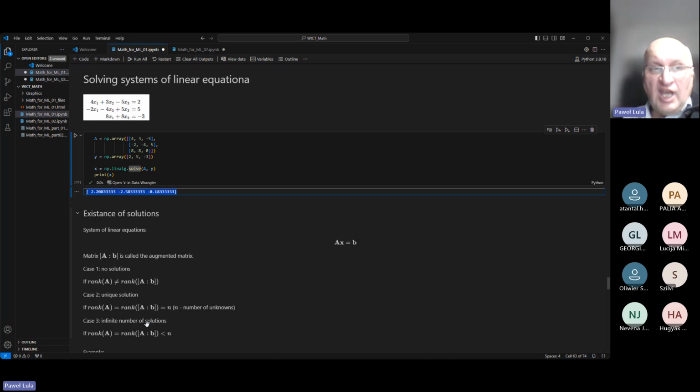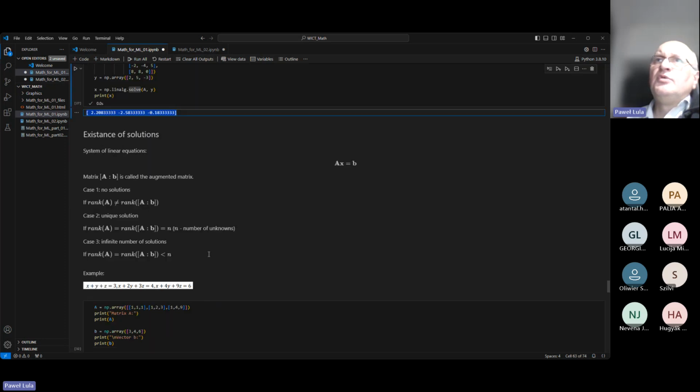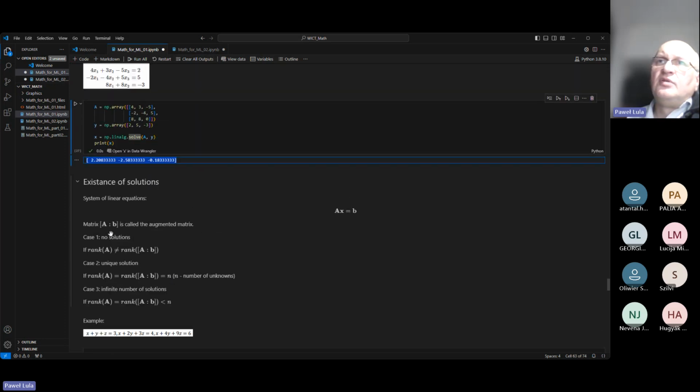If we want to check whether it is possible or not, we should create the augmented matrix. This matrix is here. The name may seem strange, but it is a very simple construction. It is the matrix A, and we add vector B on the right side of this matrix. So we will see the example.